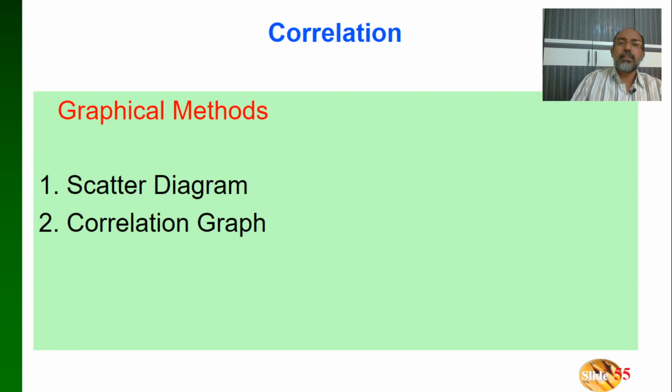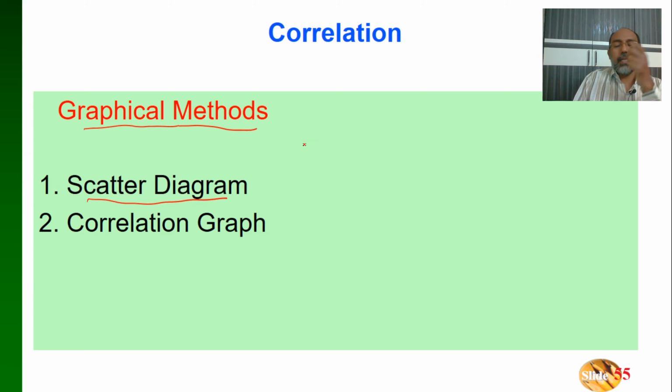Correlation methods: how to calculate? We can calculate, or we can draw using graphical methods. One is called the scatter diagram.